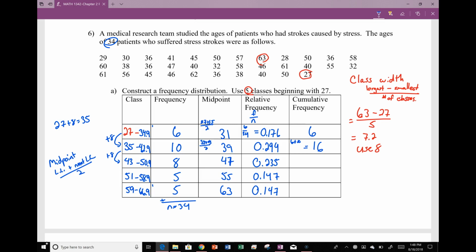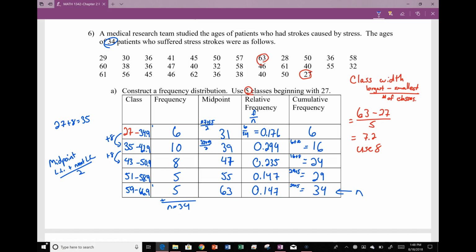Then 16 plus 8 is 24. 24 plus 5 is 29. 29 plus 5 is 34. This value right here, recall, should be your n, your total frequency.